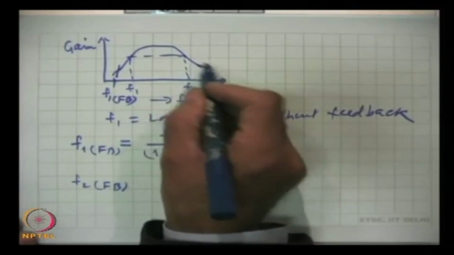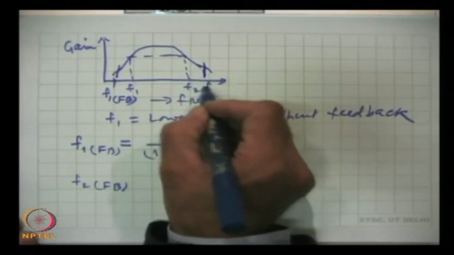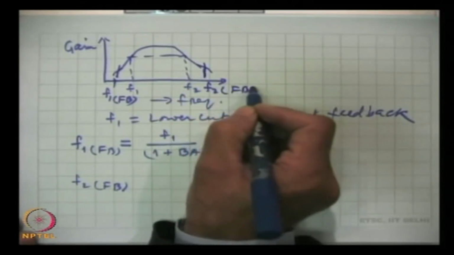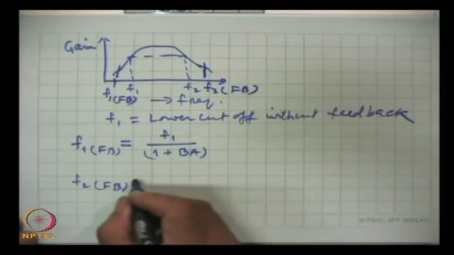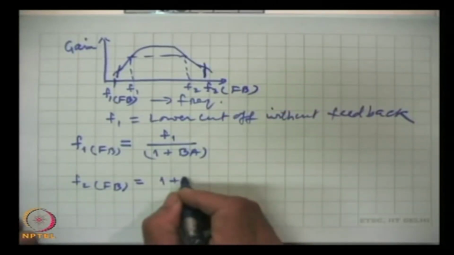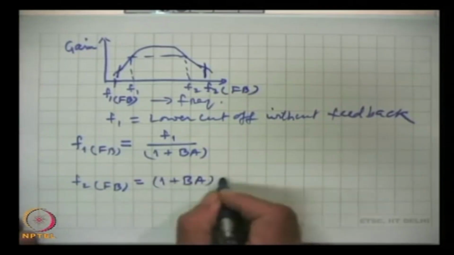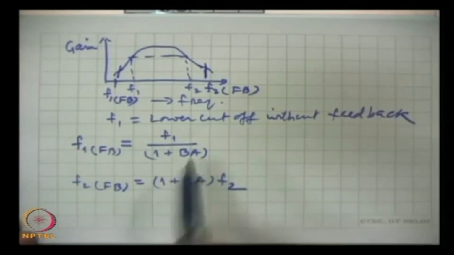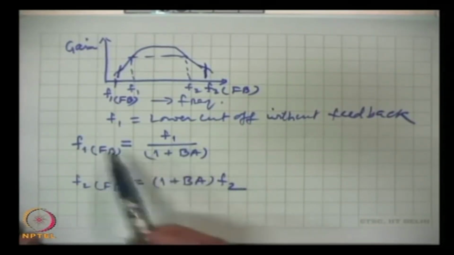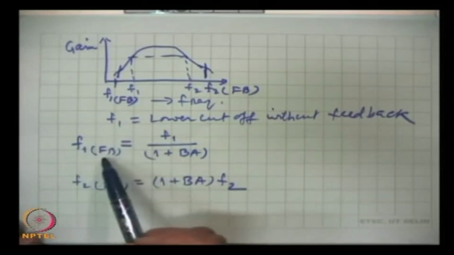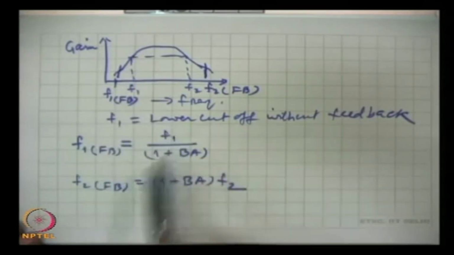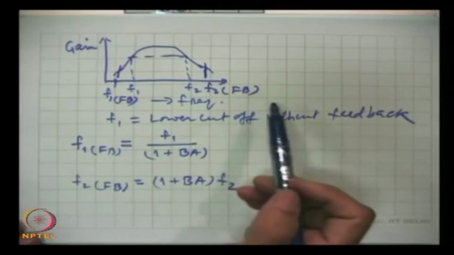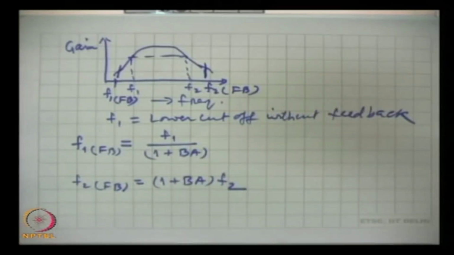That means it moves in this direction here, F2f B, and this is 1 plus BA into F2. So, lower cutoff is reduced and upper cutoff is increased, and hence the bandwidth of the amplifier increases.